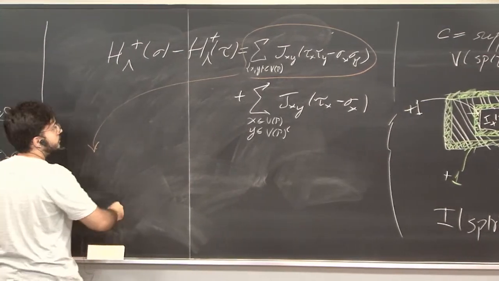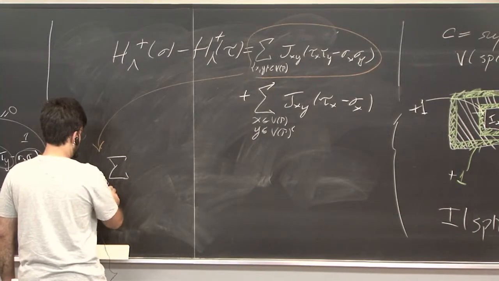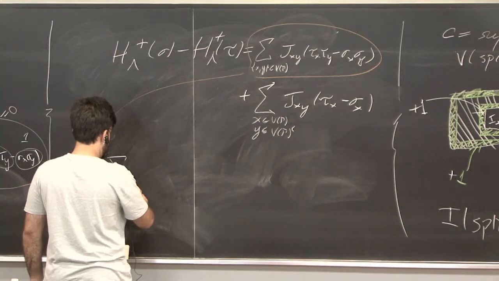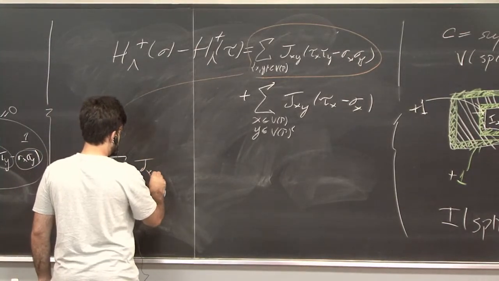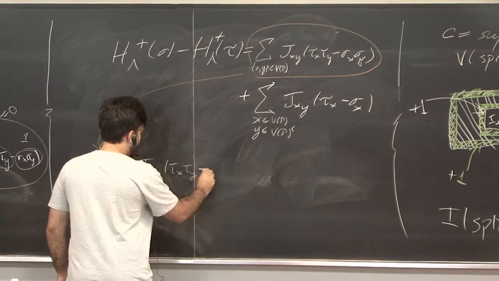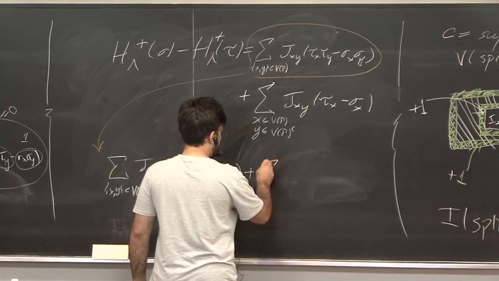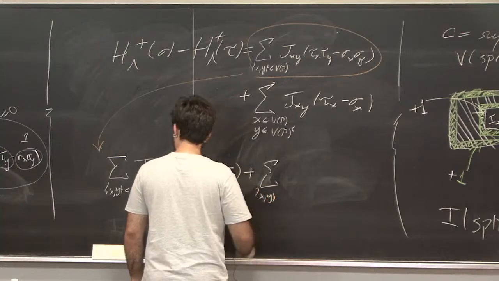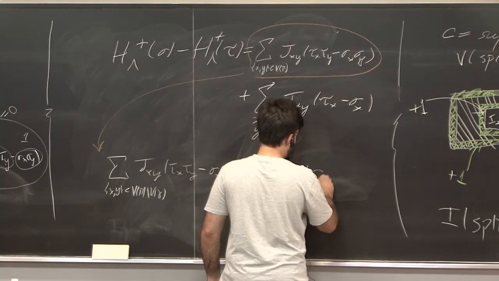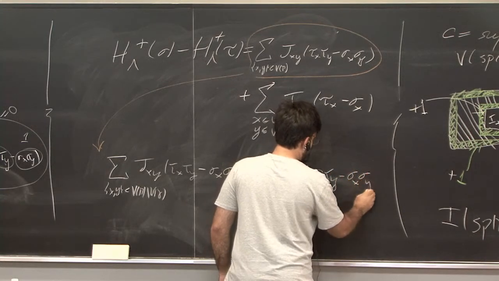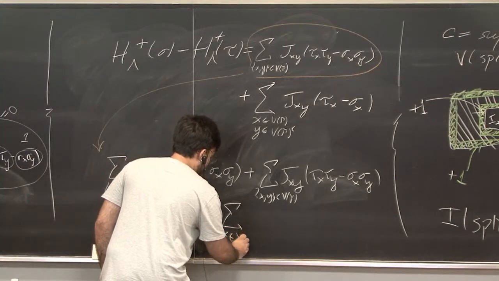And then I will divide it into the sum of xy inside V gamma minus V gamma, the small one, tau x tau y minus sigma x sigma y, plus the same thing, but now inside V gamma, plus the interaction term between the two sets.